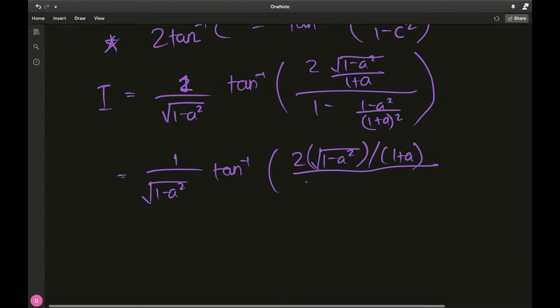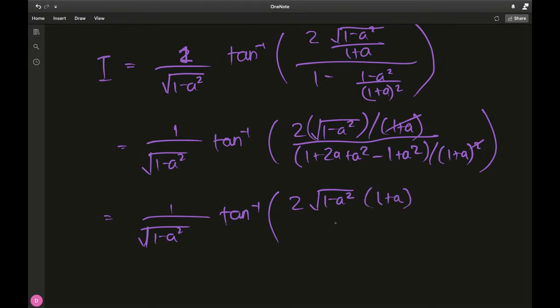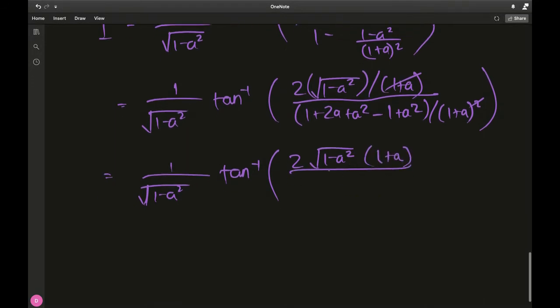All that is still against the square of this, which is 1 plus 2a plus a squared minus 1 plus a squared, which is divided by 1 plus a, the whole thing squared. So okay, this cancels with one of these. 1 over square root of 1 minus a squared inverse tangent of 2 times square root of 1 minus a squared, 1 plus a over, the 1 can cancel out.